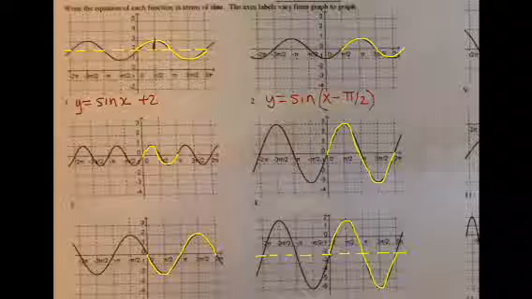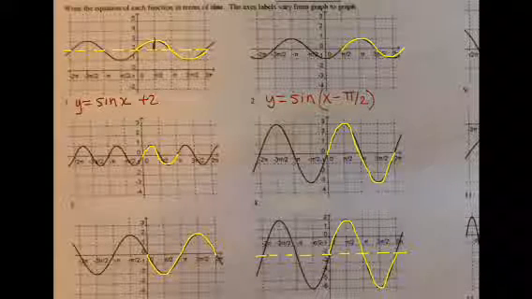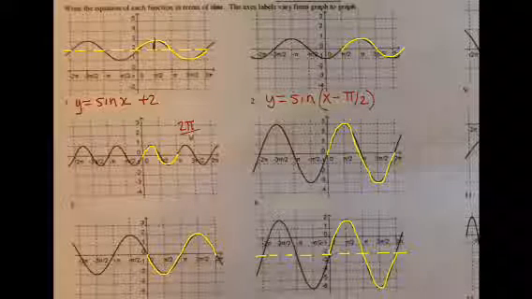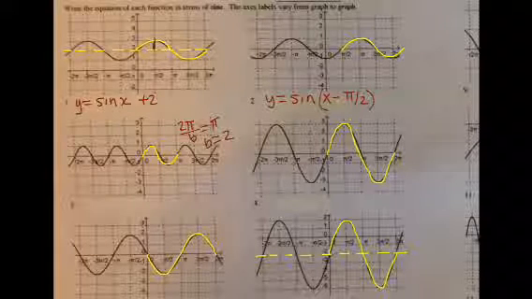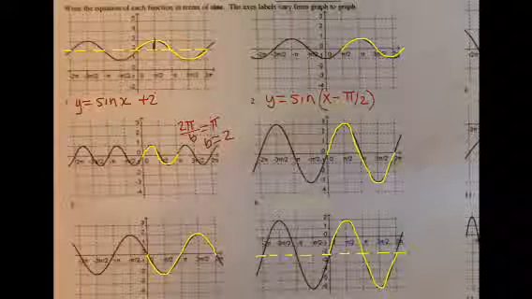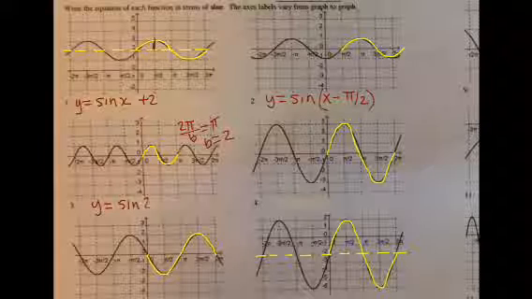Okay, for number 3, the period is pi. So 2 pi over b equals pi. So b equals 2. The amplitude is 1, and there is no phase shift or vertical translation, so we just write y equals sine 2x.